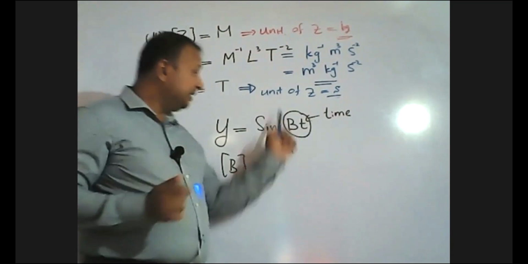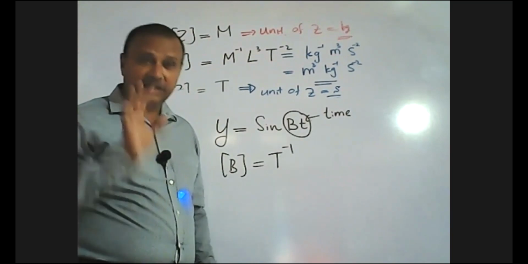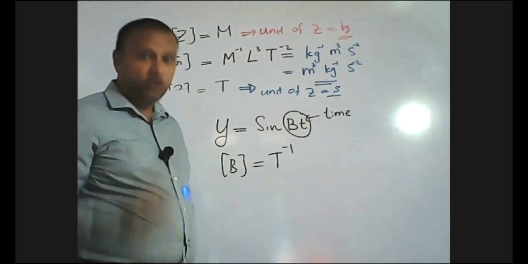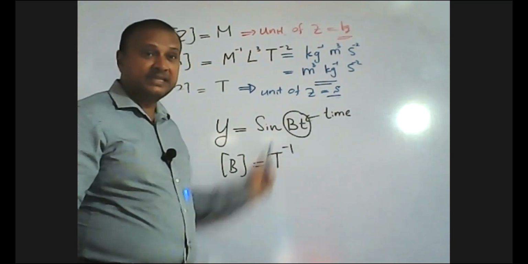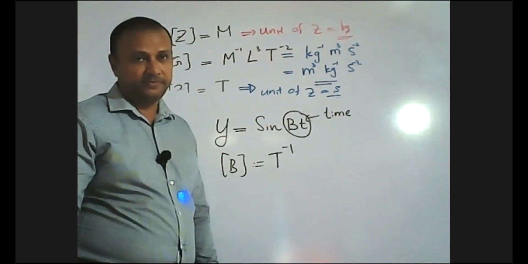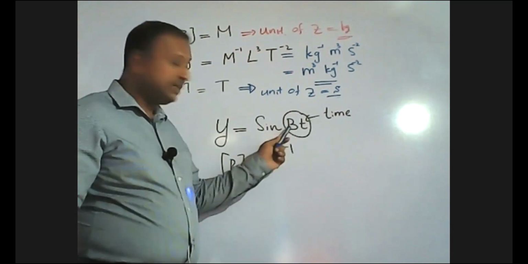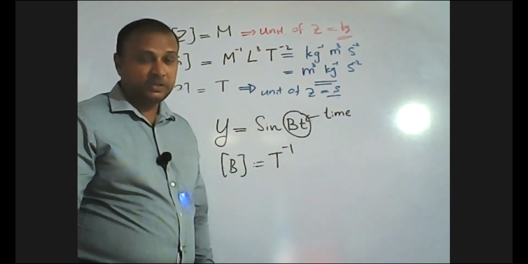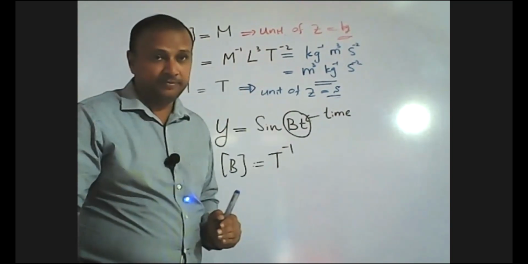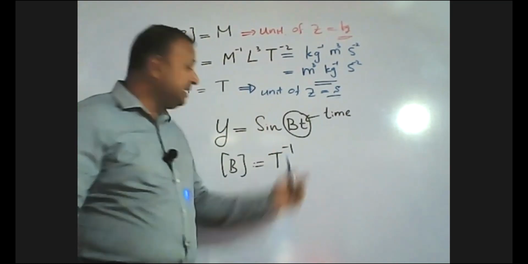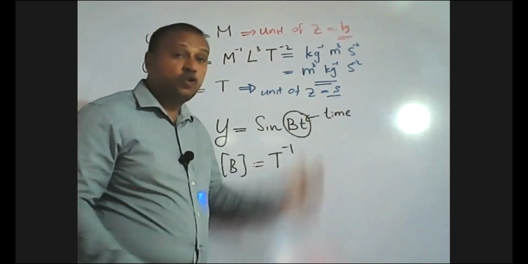So in this kind of case, we cannot assign the SI unit for the dimensional expressions. Because in this case, BT is an angle. If we are given a trigonometric function, inside that function there should be an angle.